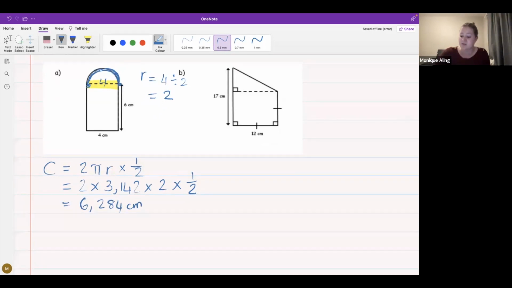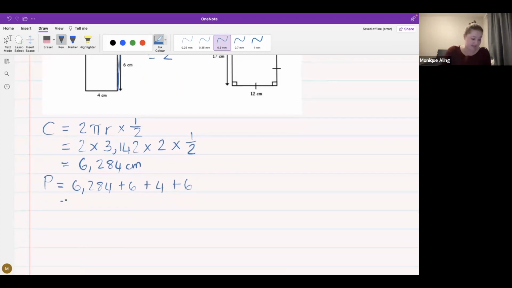Now to work out the perimeter, I add the other side. So I'm going to say perimeter is equal to 6.284 plus 6 plus 4 plus another 6, which gives you 22.28 centimeters.